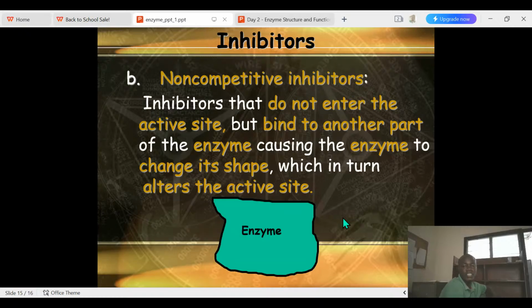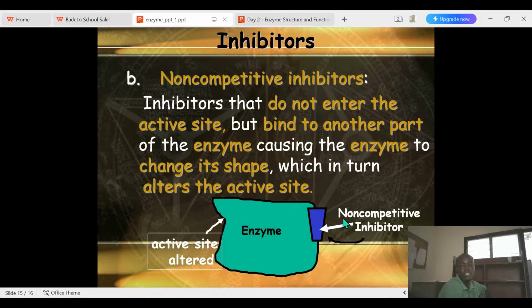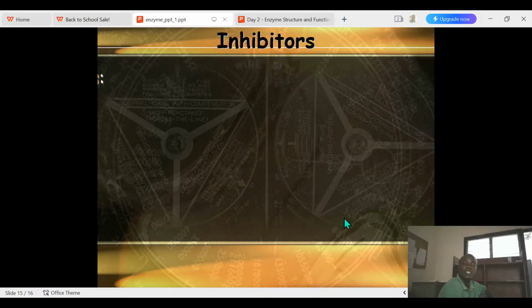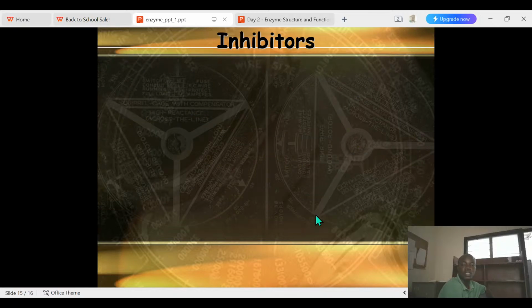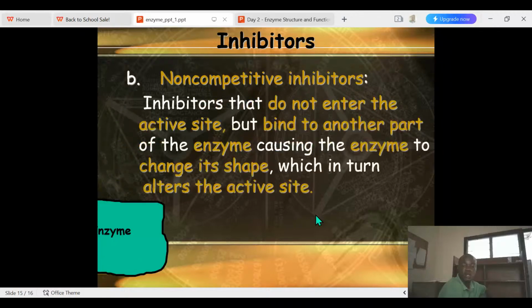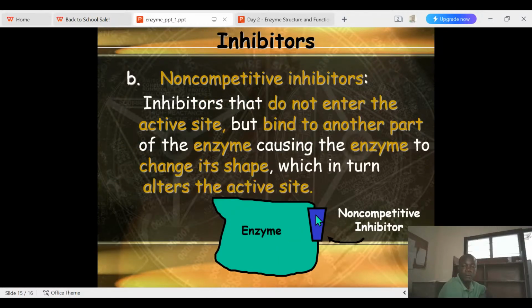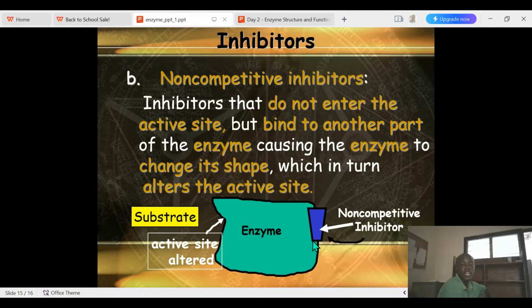So you see, this is the enzyme, and this is a non-competitive inhibitor. The non-competitive inhibitor binds, and then the active site is altered. Remember, this is the active site before. Look at it, after the non-competitive inhibitor binds to the other site on the enzyme, the substrate couldn't bind because the active site is altered.